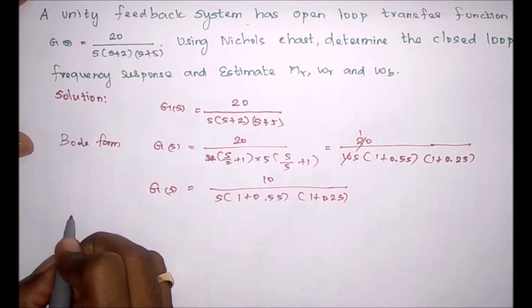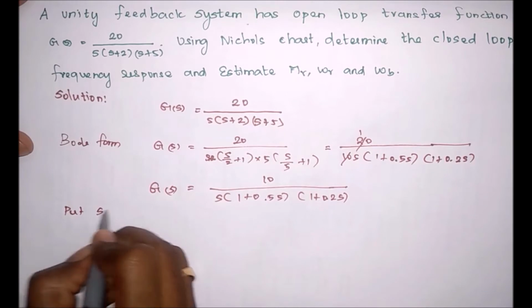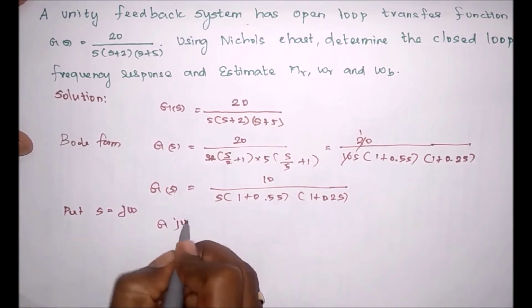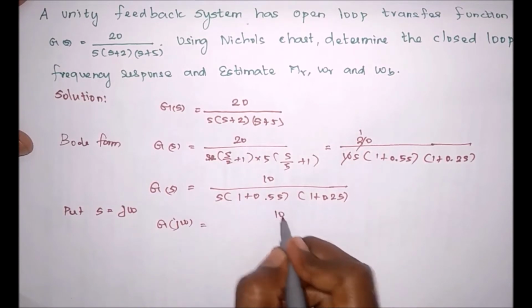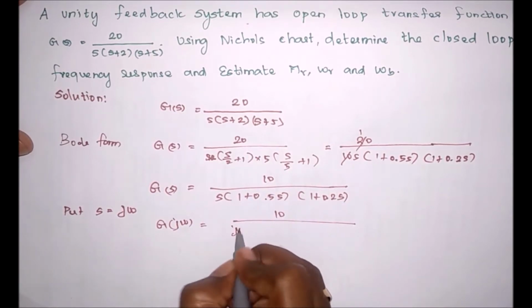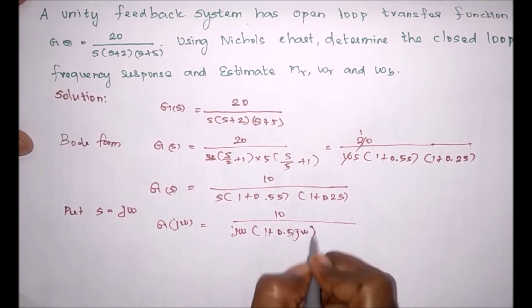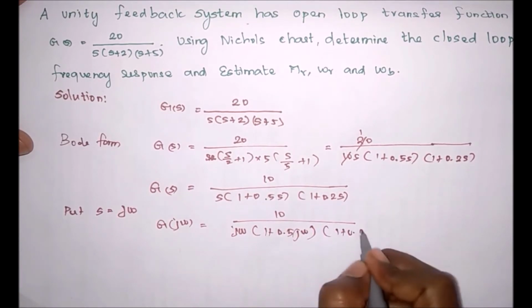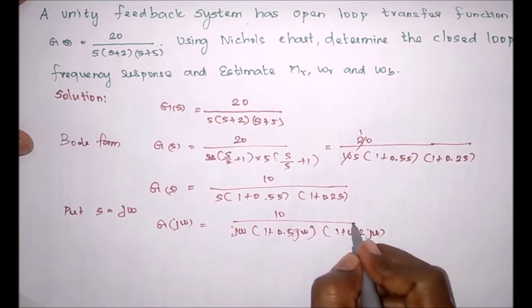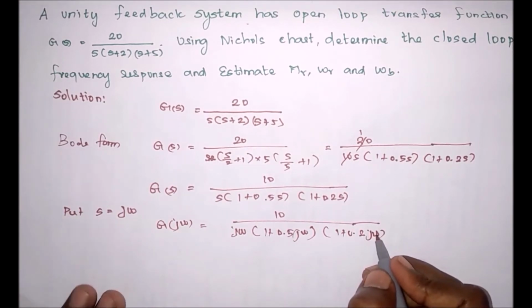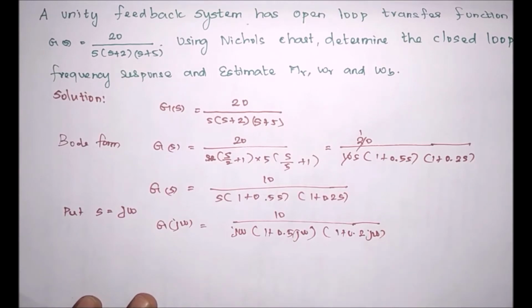Now we replace s with j omega. Therefore G(j omega) = 10 divided by j omega into (1 + 0.5 j omega) into (1 + 0.2 j omega). After that, we have to find the magnitude and angle.